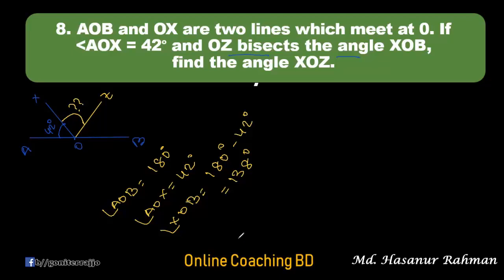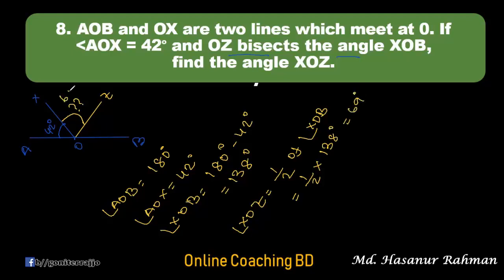That means we can say this XOZ should be half of angle XOB, and XOB is 138 degrees. So if we divide 138 by 2, we'll get 69 degrees.